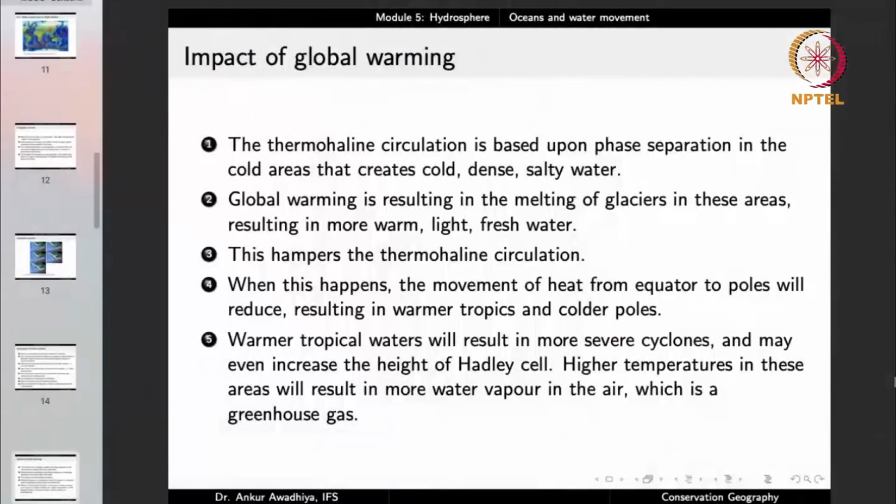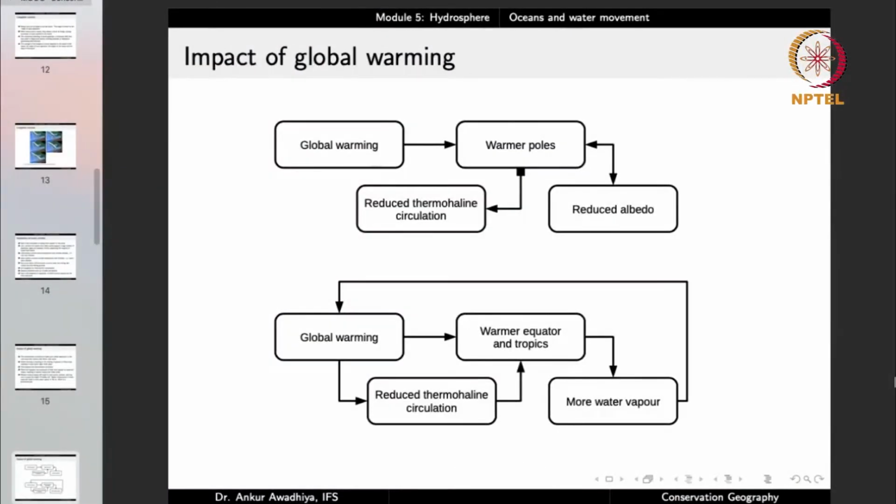So essentially what happens is that because of global warming, we will have warmer poles. Warmer poles will result in reduced thermohaline circulation, that is, weakening of the thermohaline circulation, and warmer poles will also result in the melting of ice caps, which would reduce the albedo.